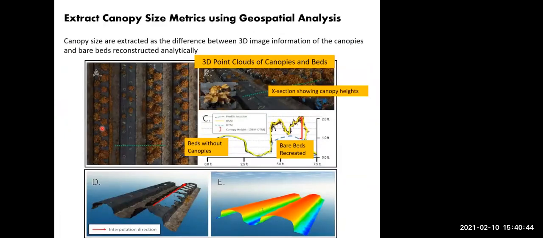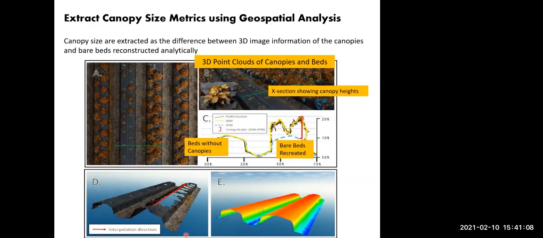Extracting the three-dimensional information is very interesting too. We developed geospatial analysis models to do that. And what we can see here are three-dimensional views of the canopies. We can fly through the canopies. They are very high resolution. And we can capture, as you can see here in the profiles, the canopies and the height of the canopies. Not only the beds, but also the height of the canopies.